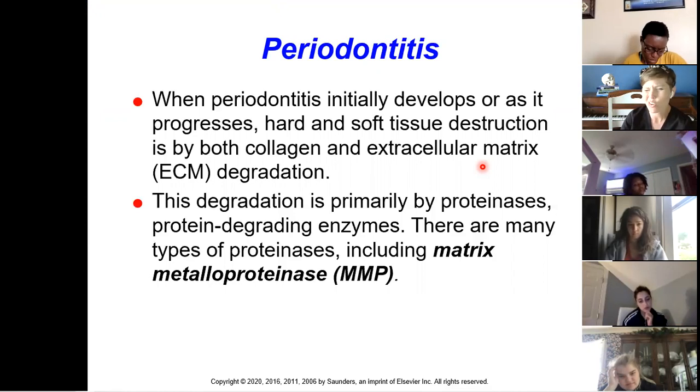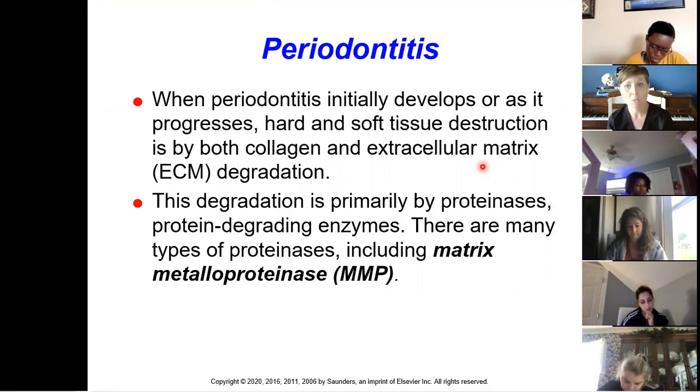The degradation is primarily by proteinase, protein degrading enzymes. There are many types of proteinase, including matrix metalloproteinase, MMP.